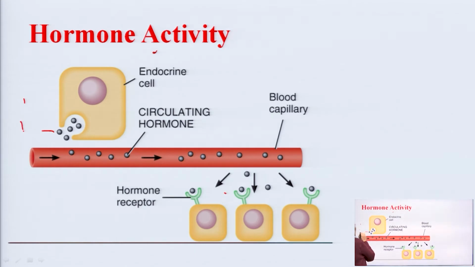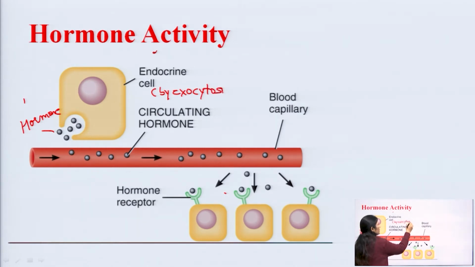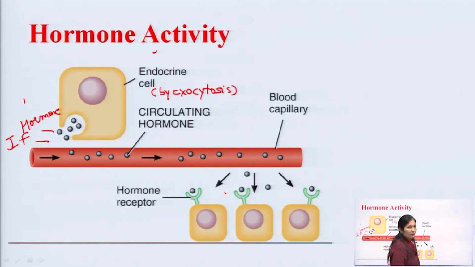So, this is the hormone. The hormone is secreted by the endocrine cell by exocytosis. And what is this? This is interstitial fluid, the fluid that surrounds the cell.